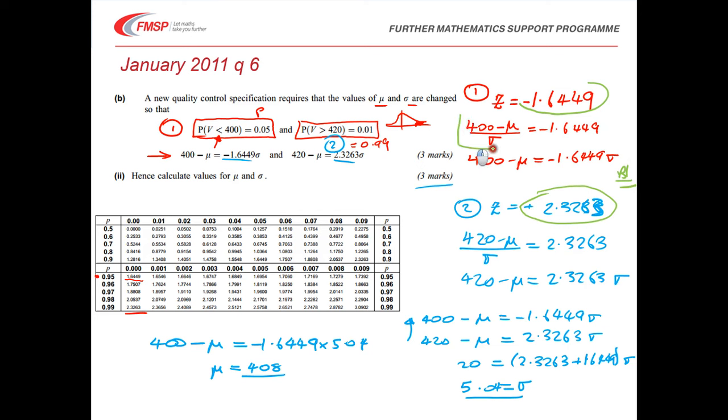For a clear use of standardizing, you're going to get M1. Okay, and then if both equations are correctly derived without any steps missing, because it is to show that, you're going to get your final accuracy. And then for part 2, you're going to get a method mark for starting to solve the simultaneous equation, and then an accuracy mark for each of those correct. Okay.